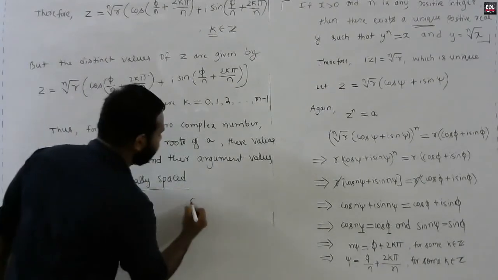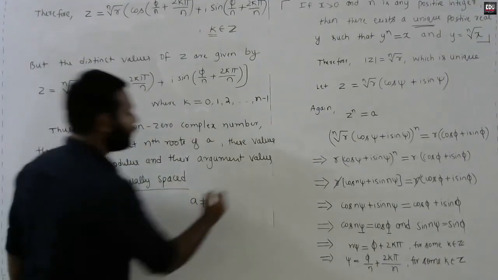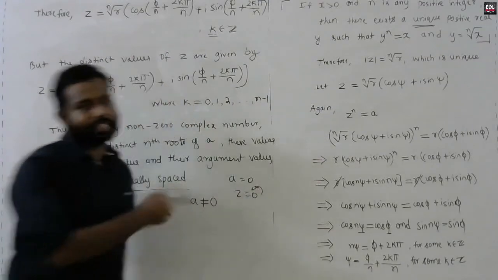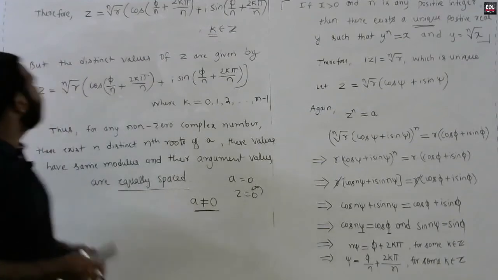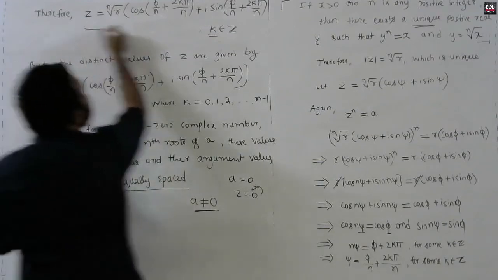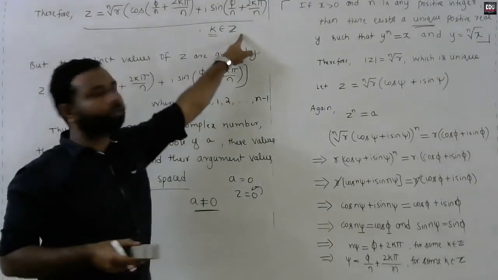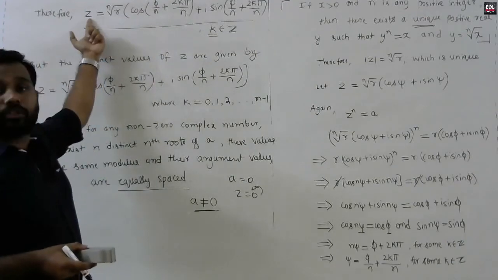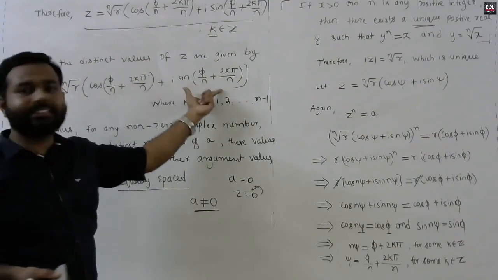Let us conclude. Given any non-zero complex number a, because if a is equal to 0, then z equal to 0 is the only nth root of it. If a is a non-zero complex number, then these are the nth roots of that number as k varies over integers. But that set of values for z contains repeated values, so we consider only distinct values.